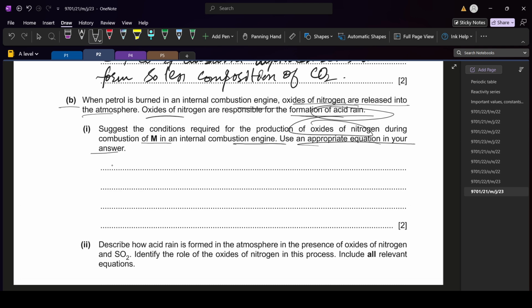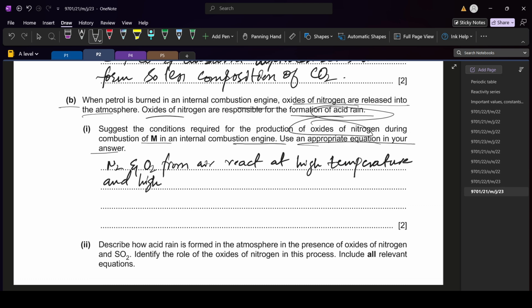So you can say that this nitrogen and oxygen from air react at high temperature and high pressure to form oxides of nitrogen.